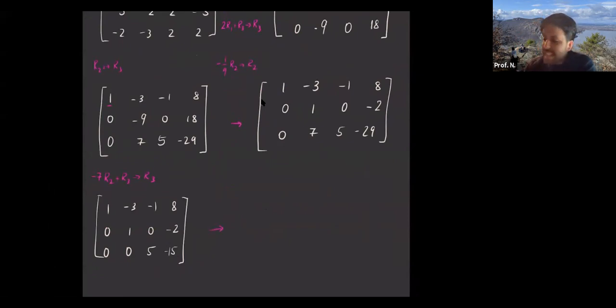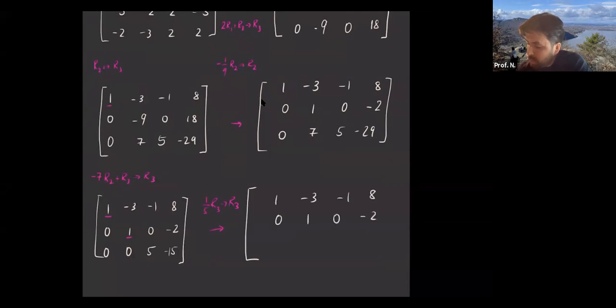So then look what we have. We got 1, and then this 5 here. Look, what does that become? We get 1/5 R3 goes into R3. This becomes 1, -3, -1, 8. I get 0, 1, 0, -2. This becomes 0, 0, 1, -3.